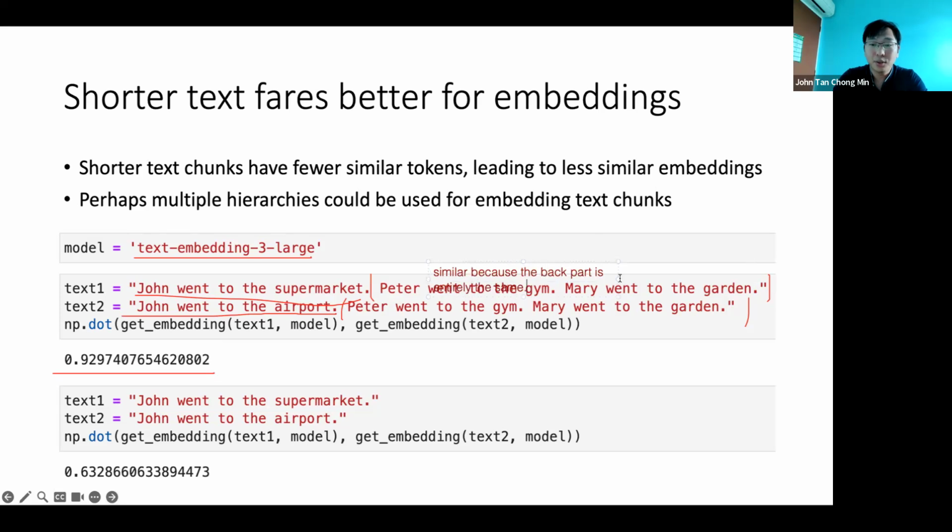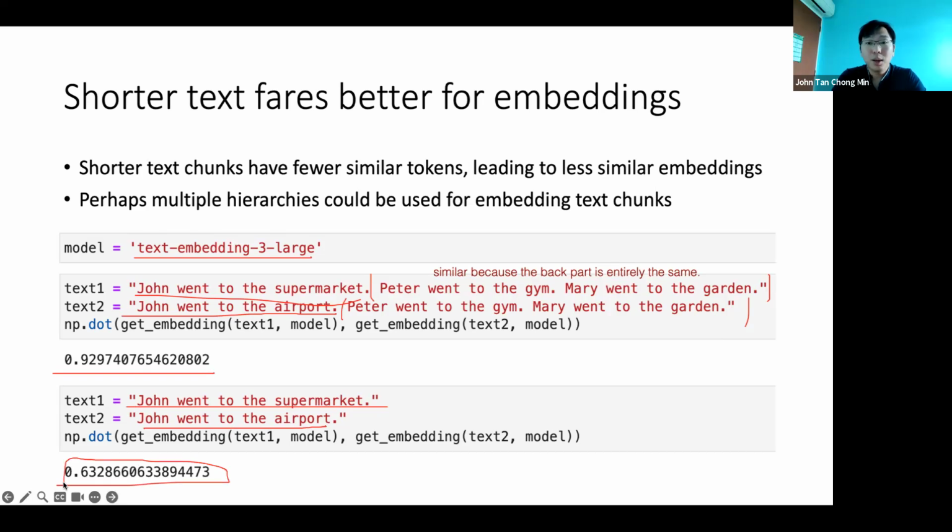So what does this tell you? It tells you that for embedding similarity, if your text chunks contain almost the same text for a good portion of it, they are treated as similar, with a very high similarity. If you look at just the first part, supermarket and airport, you can see that it's not similar at all. It's like 0.63, it's lower.